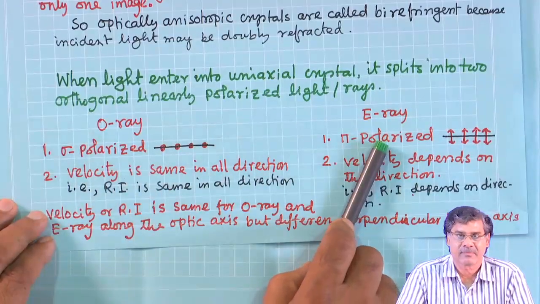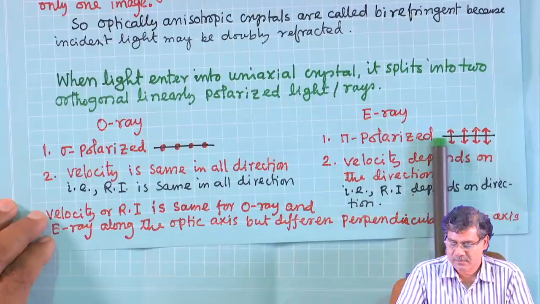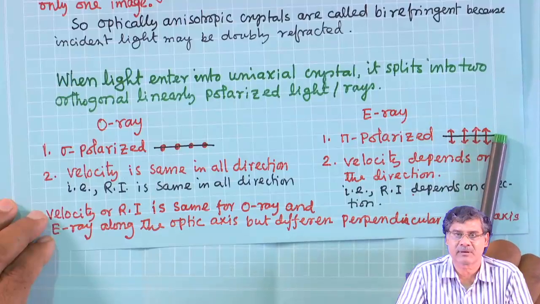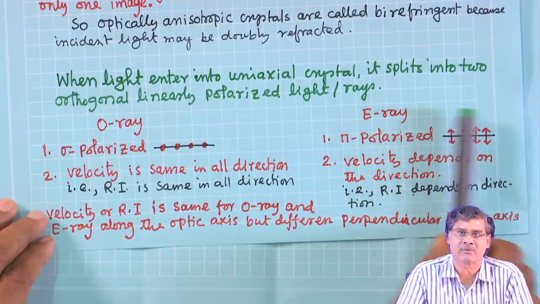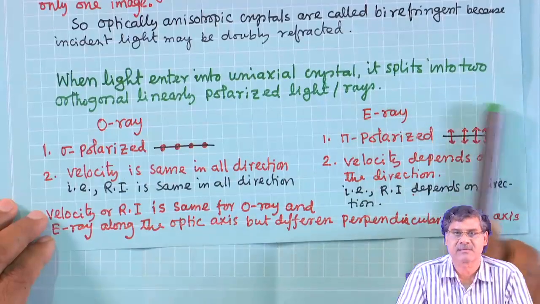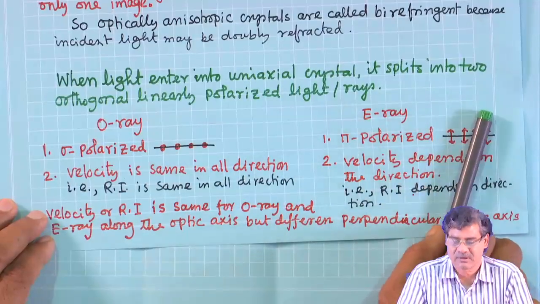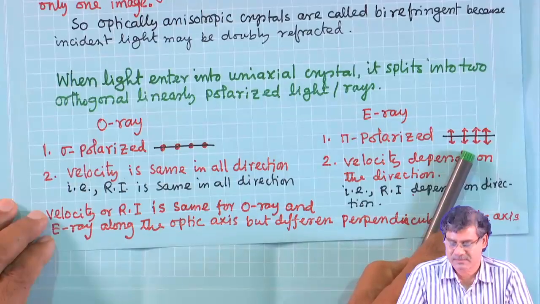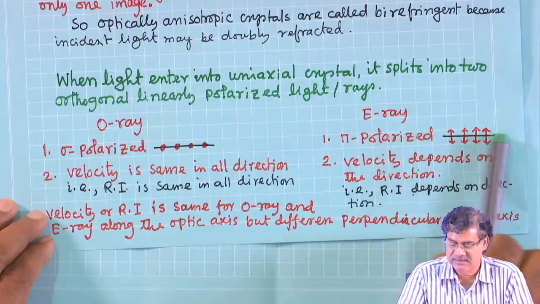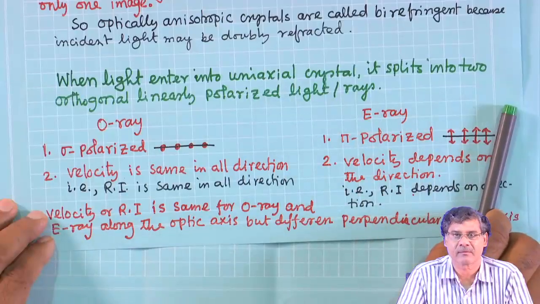Okay. E ray is the pi polarized light. Okay. So, the plane of polarization, this direction of light and the electric component, is parallel to the plane of incidence. Okay. So, in this case the plane of paper is the plane of incidence as well as the plane of polarization, because this electric component as well as the direction of light is in a plane parallel to this paper.